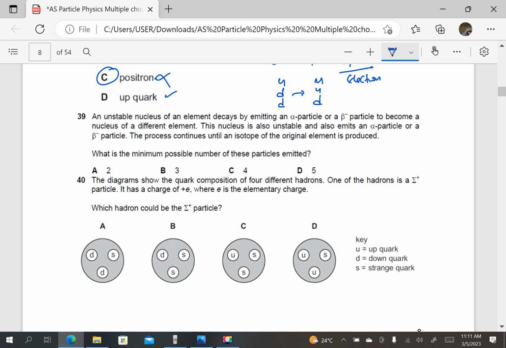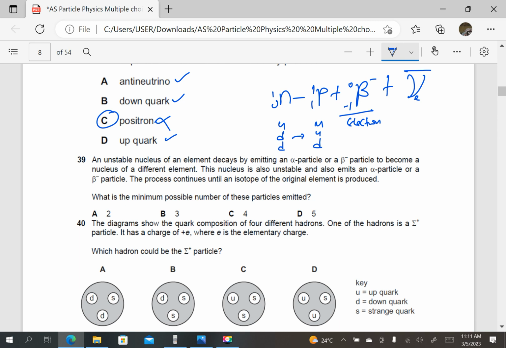So let's check. Let's say the nucleus is X, nucleon number is A, proton number is Z. It is going to give us a nucleus Y plus several alpha particles, let's say x alpha particles, and alpha is 4, 2, and y beta minus particles, beta minus is 0, negative 1.